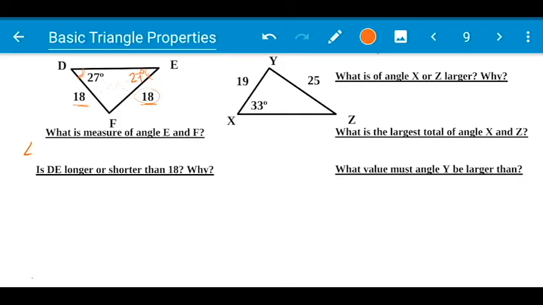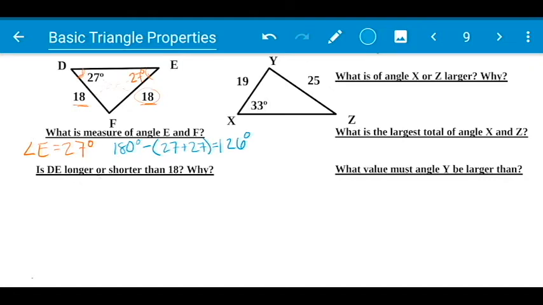Well, we know angle E is 27 degrees. How do we figure out what angle F is? So for angle F, we're going to have to do 180 total degrees minus (27 plus 27). When we add those up, we get our angle F is going to be 126 degrees.